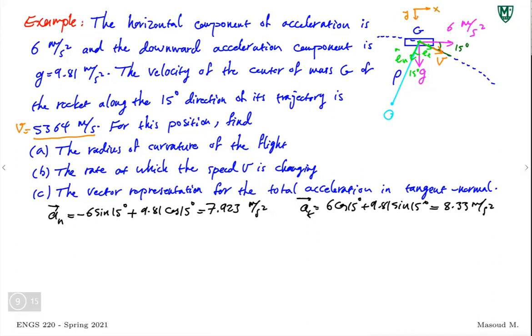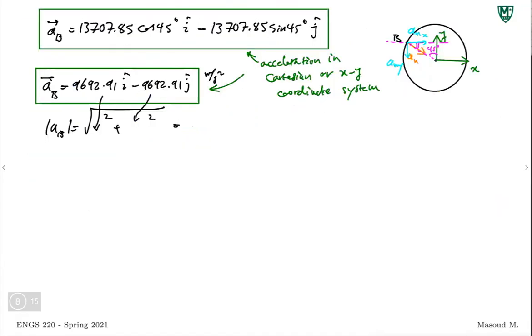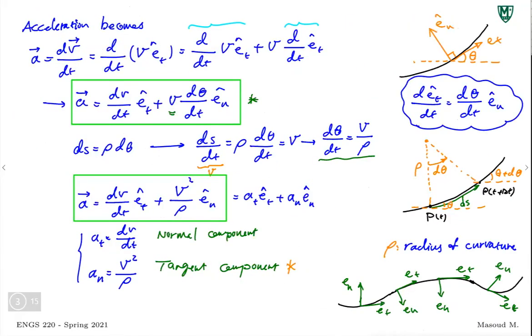Once you have that, look at part A. It's asking you to find the radius of curvature. Well, we know a_n is equal to v squared over rho. Remember, this is not a circular motion anymore. This is a motion on a curve. Going back to when we were talking about motion on a curve, a_n is v squared over rho, rho being the radius of curvature.